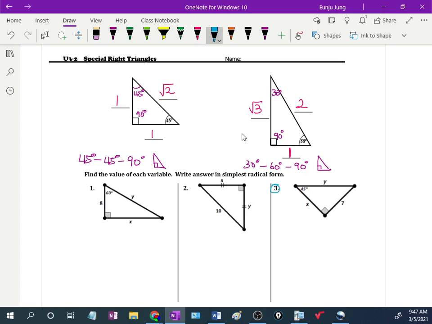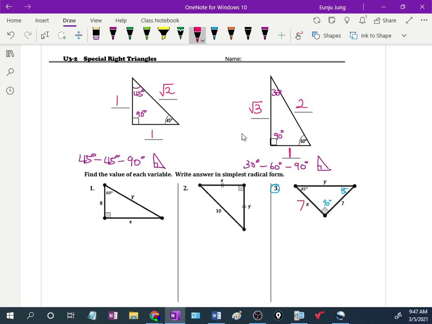Number 3. If this is 7, what is the other length? Is that a 45, 45, 90 degree triangle? Yes, right? So what's the ratio? 1, 1, root 2. So what's the answer for x here? Obviously, that is 7 because it's a square.